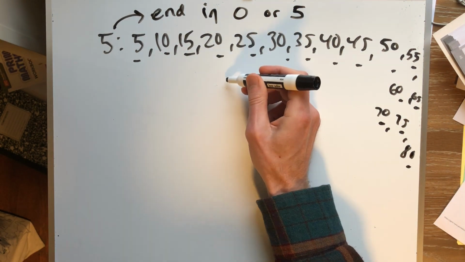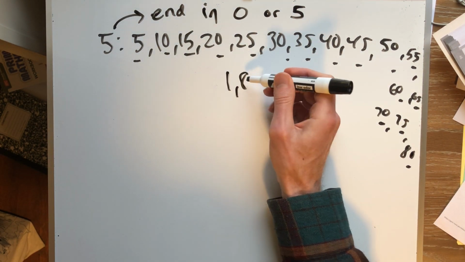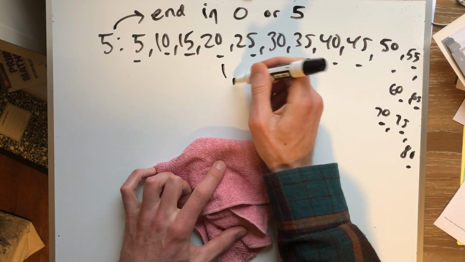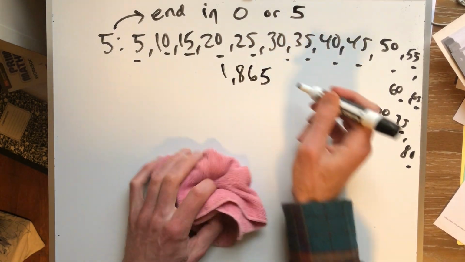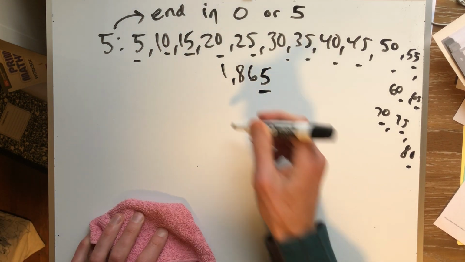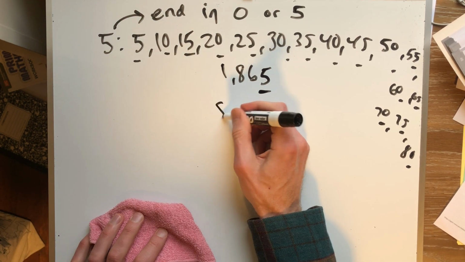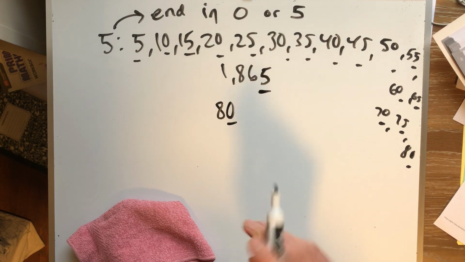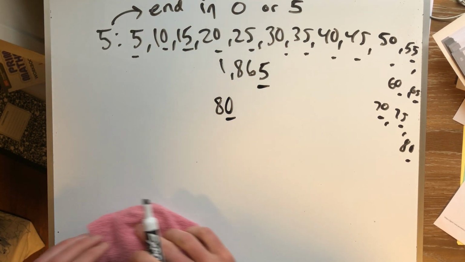Always. So if I see a number like 1,865, 5, I know 5 goes in there. Or 800, 0, I know 5 goes in there.